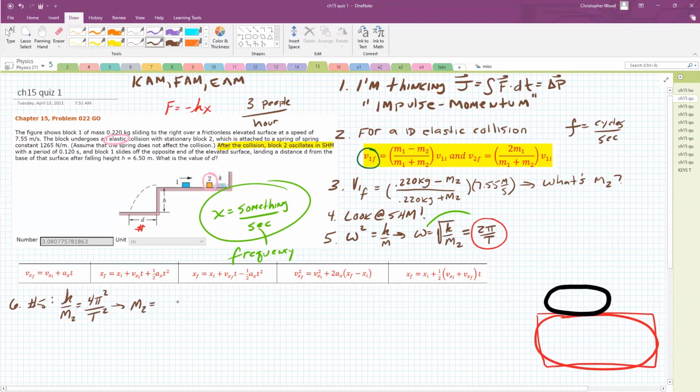M2 equals K T squared all over 4 pi squared. Right? Right. So let's get a value for M2 and let's put it in calculator memory location A. We can do that right now. Lots of dimensional analysis to do, but I will sidestep that for now.